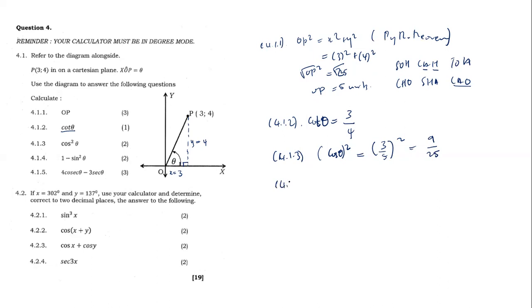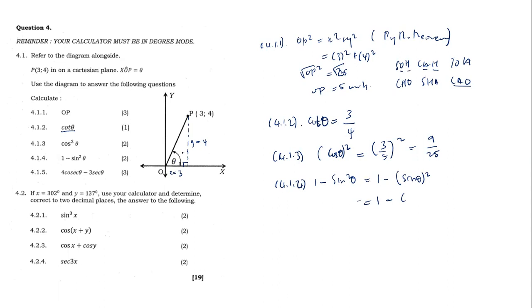And then 4.1.4 says determine 1 minus sine squared theta. Again, we have 1 minus, open bracket, sine theta, squared. What is sine theta? We know that sine is opposite over hypotenuse.